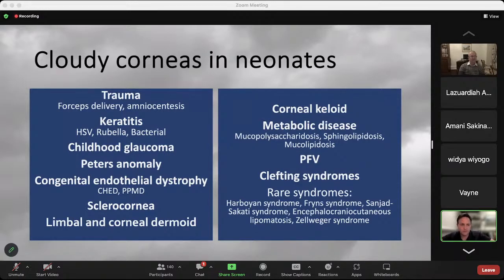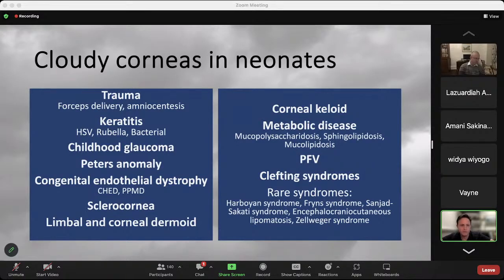So forceps delivery, or if they've had a previous amniocentesis that's pranged the cornea, you can get corneal clouding. Infectious causes, particularly herpetic disease, rubella, which is less common in our community now with immunization, and more rarely bacterial ulcers, usually from vertical transmission during birth. Obviously, glaucoma, Peter's normally we've talked about.